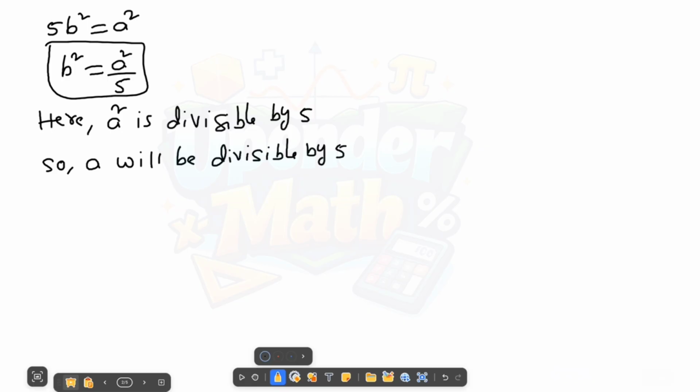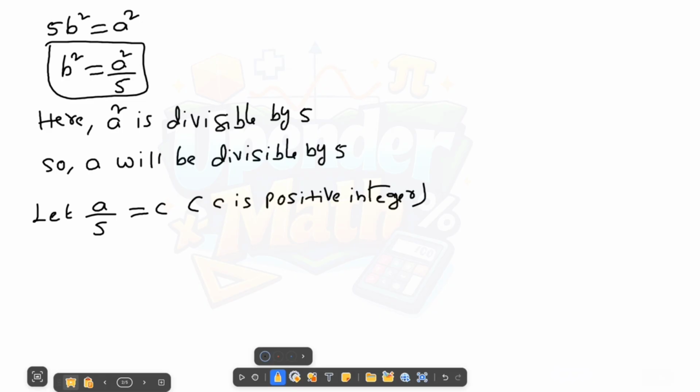So let us assume that when a is divisible by 5, the quotient is c. c is some positive integer. So send 5 to the right side. a is equal to 5c.